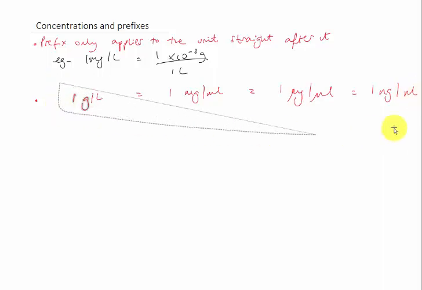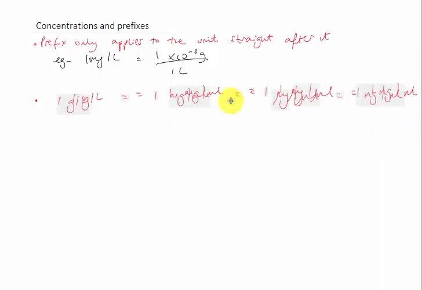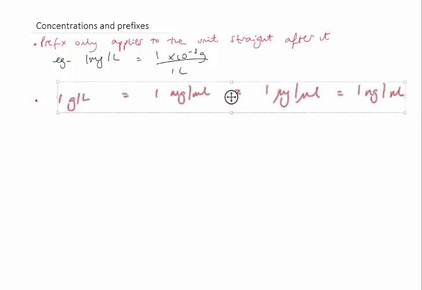Let's just move all these over a little bit. Each time we move across here, we've got 1,000 times less grams in a milligram than a gram, but also we've got 1,000 times less volume. So that keeps the proportion between the mass and the volume the same. So these are all the same concentration.